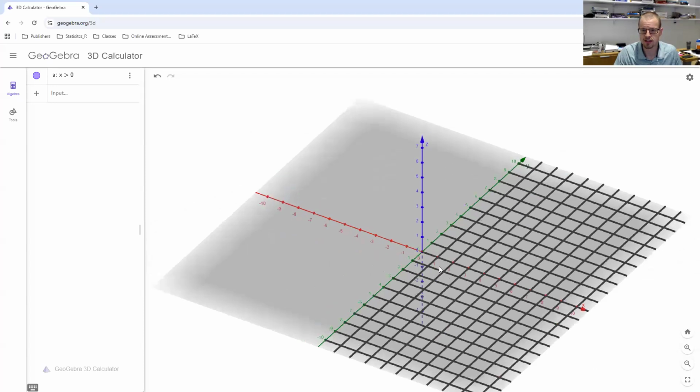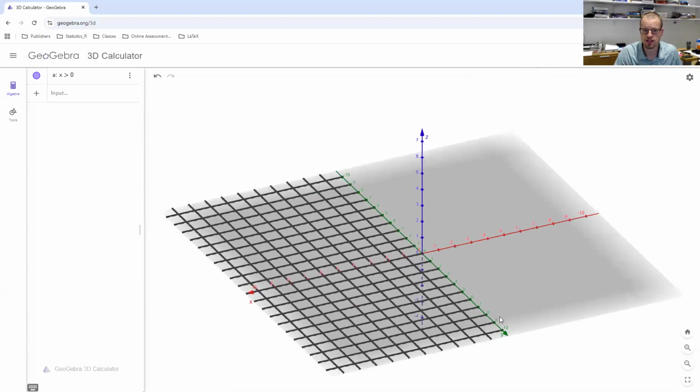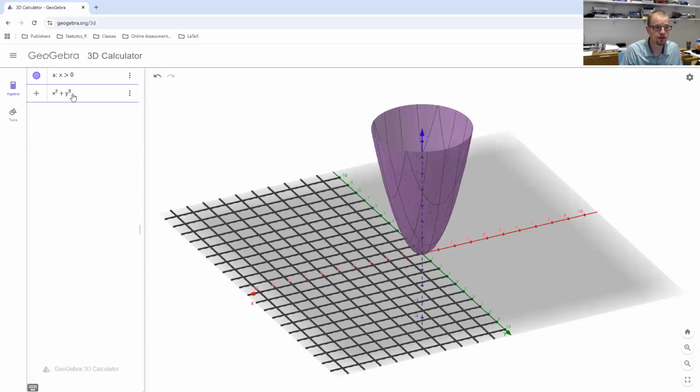It just kind of gives a grid on the, let's see if you can see it. There's an X there, so that must be the positive X-axis. So our usual orientation is going to be positive X, positive Y, positive Z here. And that looks good. So what happens if I say X squared plus, I've got to push the arrow key to get out of the exponent there, X squared plus Y squared.